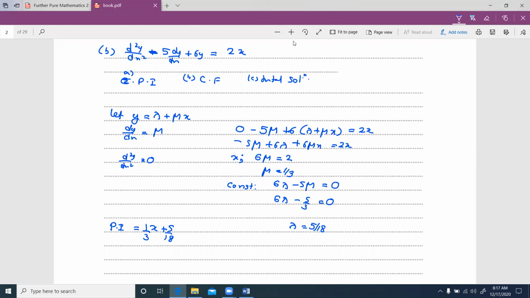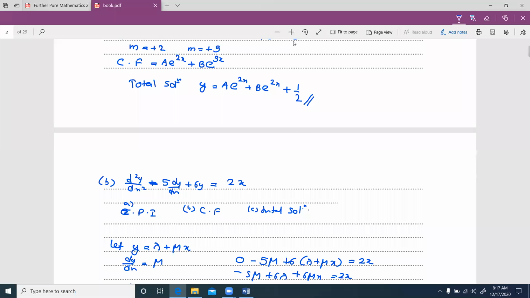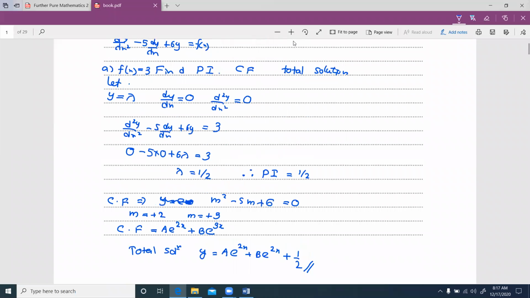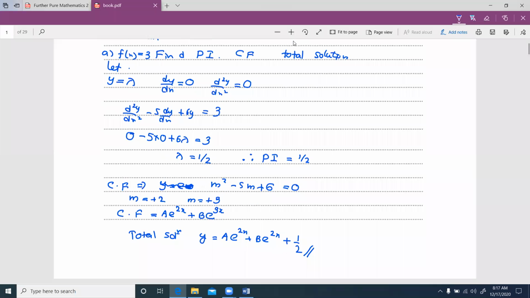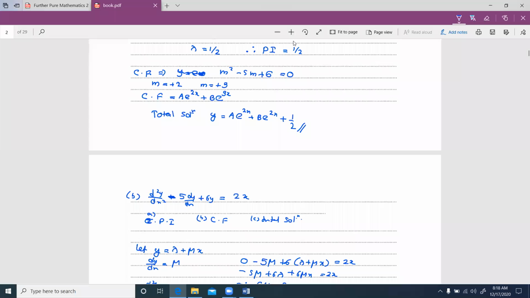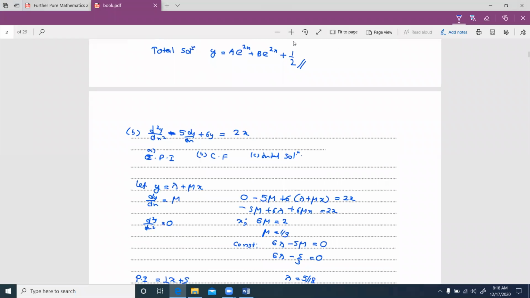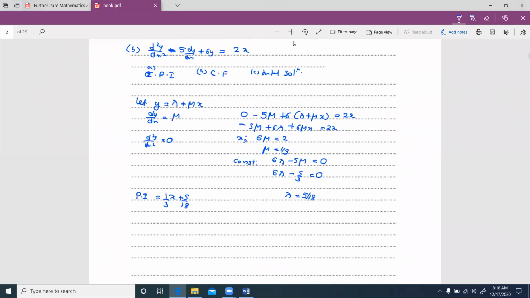Right, okay. From the first question, we have already learned how to find the complementary function. Complementary function is this bit. I'll make it a little bit smaller, then you can see the entire thing. So for this question, the complementary function is the same thing, because the same function is over here.